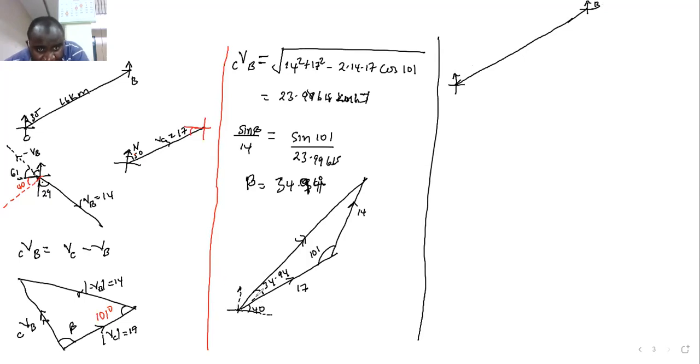But remember, the whole of this was 50. Now, what is the balance here? Or you say, because this is 34.94, add on 70. It is the angle you're going to sketch up here. So it means the angle is going to be here.